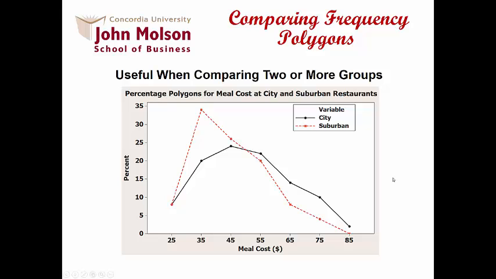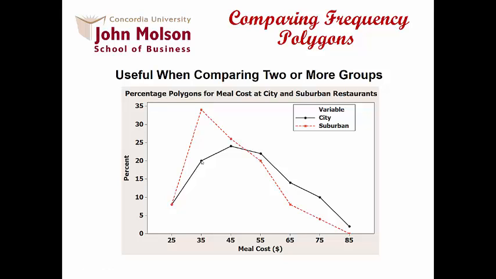Here we were trying to compare percentage polygon for the meal cost at city and suburban restaurant. So if I look at the red dashed line, we're considering suburban restaurant. And we say for meals costing $35, the frequency is almost 35%. In the city, meals of $35, it's only at 20%.